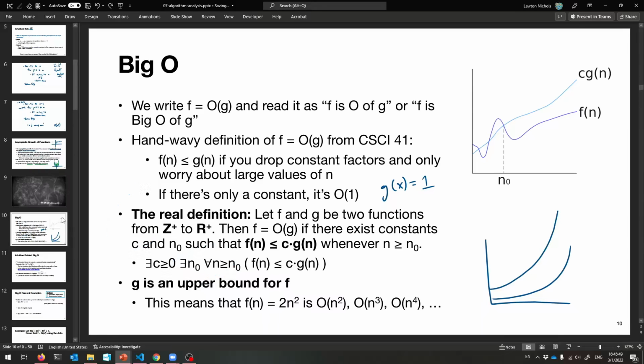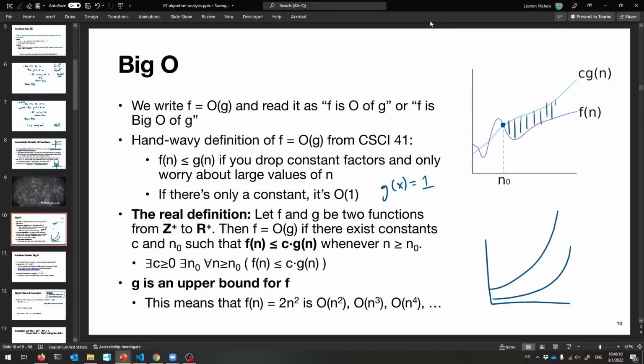So it's saying that here's f. As it grows, it might be all wobbly at the beginning, but eventually, for a well-picked constant c, there's a point, call it n naught, such that c multiplied by the result of g of n always wins out compared to f.